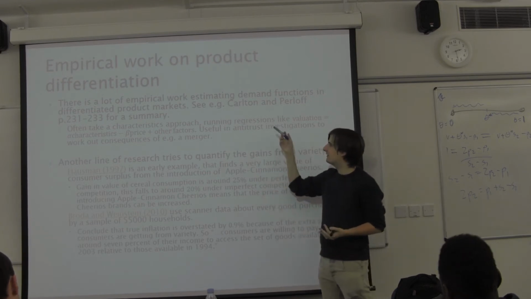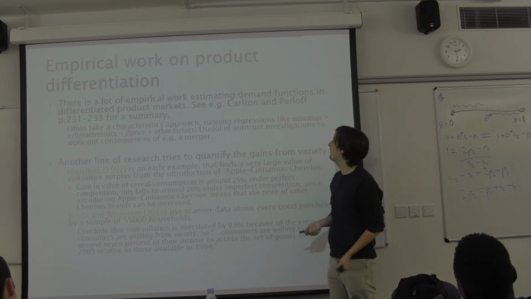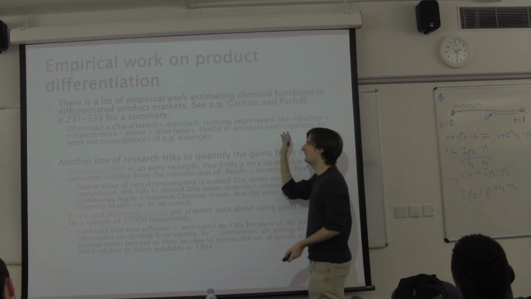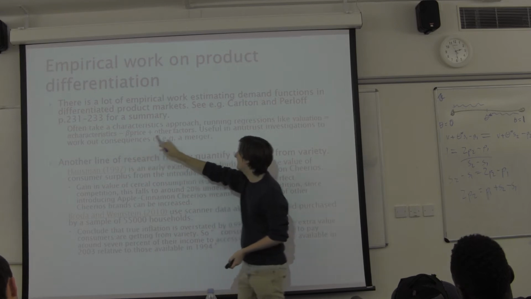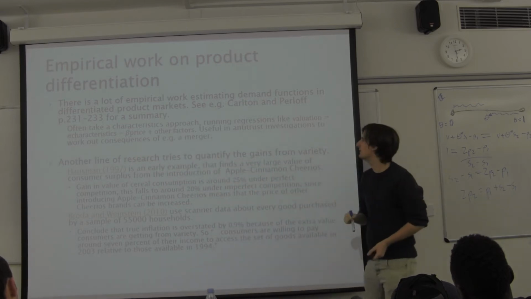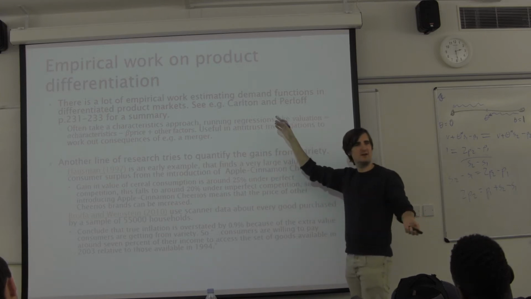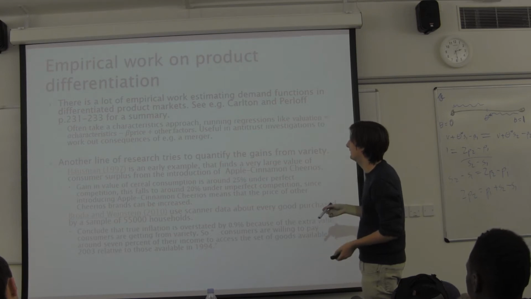And these papers often just take a characteristics approach. They run a regression where the consumer's valuation is on the left-hand side, and on the right-hand side you have a bunch of characteristics and the price and some other factors. So if you wanted a project to do for your undergrad thesis, this is something you could do pretty easily.